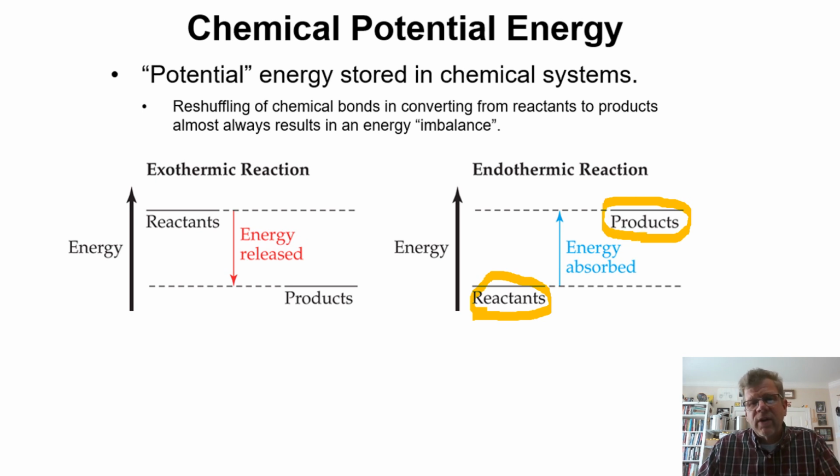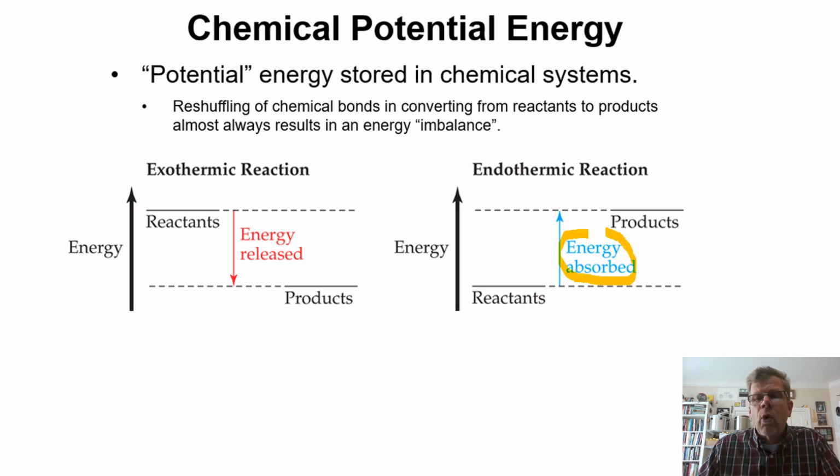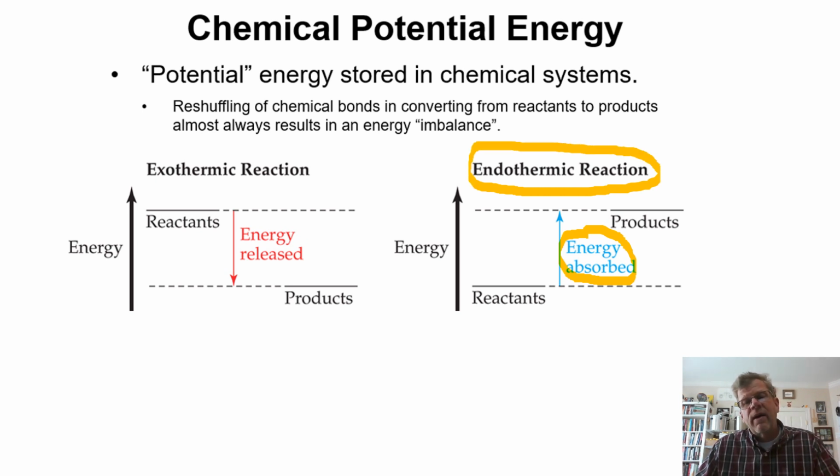So the products is greater. So going from reactants to products, in order to equal out the amount of energy, we must have a certain amount of energy absorbed by that system. This was, by definition, our endothermic reaction, essentially the opposite of an exothermic reaction.